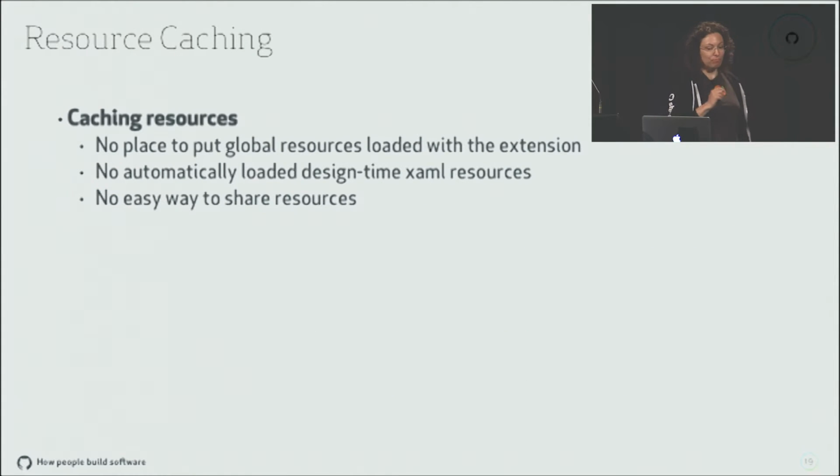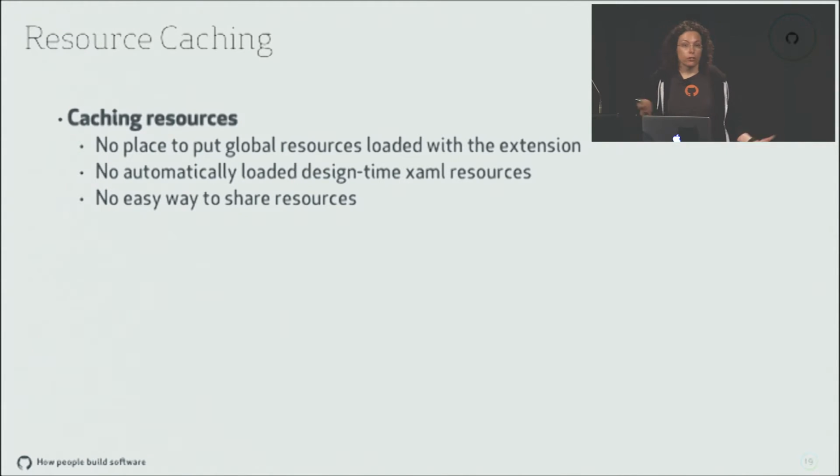Resource caching, big problem. So this is not a standalone app, again. Standalone apps have a little app.xaml file where you can put all your global resources that you always know you want to load. It will only get loaded once, and it will be shared across your app. This does not exist for DLL projects, library projects.